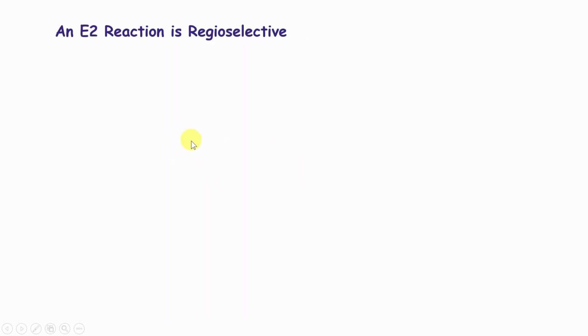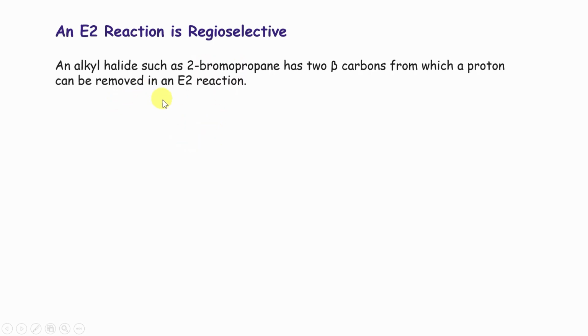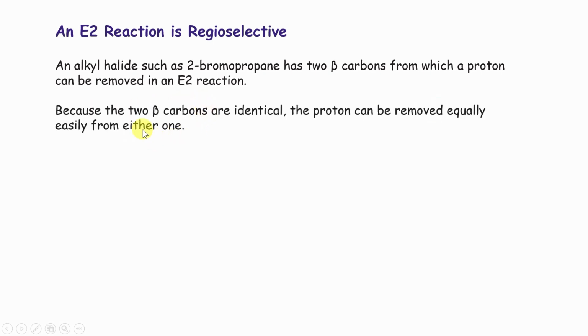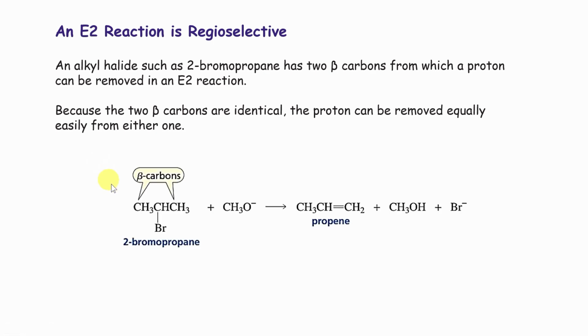One of the important characteristics of E2 reaction is that it is regioselective in nature. For example, take an alkyl halide such as 2-bromopropane. 2-bromopropane has two carbon atoms from which a proton can be removed in an E2 reaction. Because the two beta carbon atoms are identical in 2-bromopropane, the proton can be removed equally easily from either one of the carbon atoms.